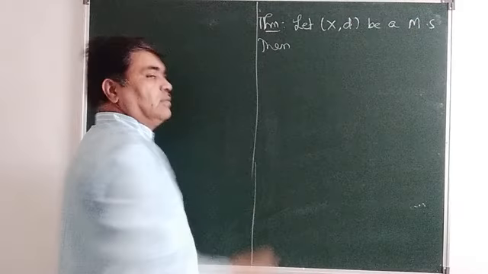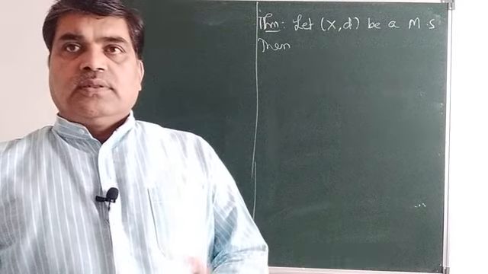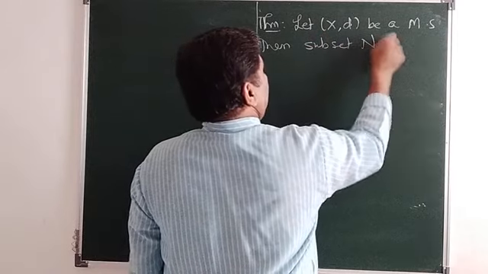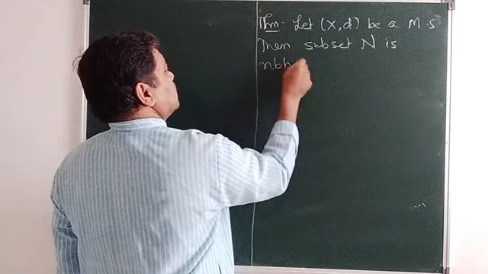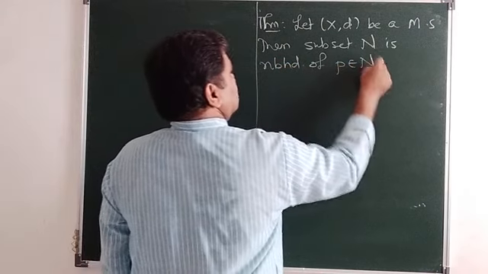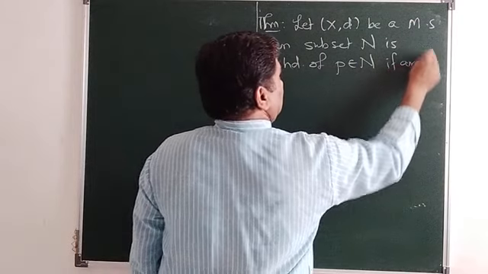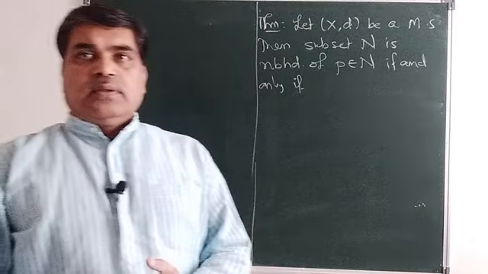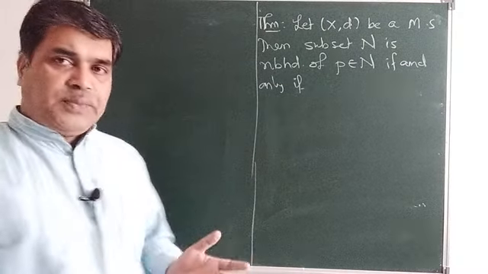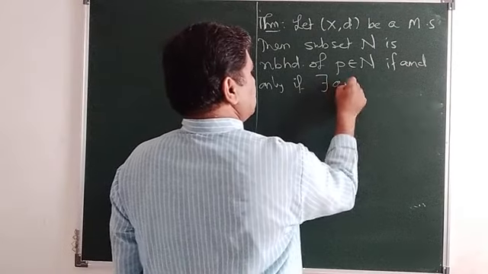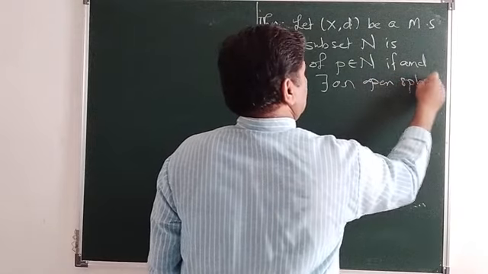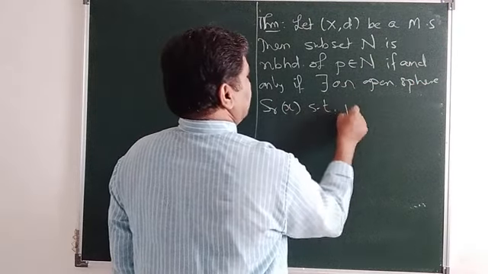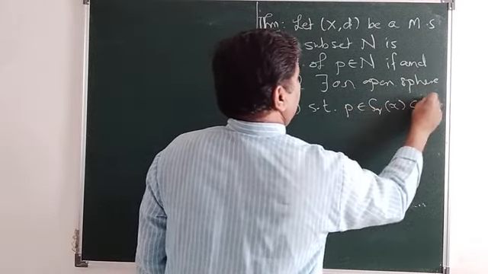Then a subset N is a neighborhood of P belonging to N if and only if there exists an open sphere S_r(x) such that P belongs to S_r(x), which is contained in N.